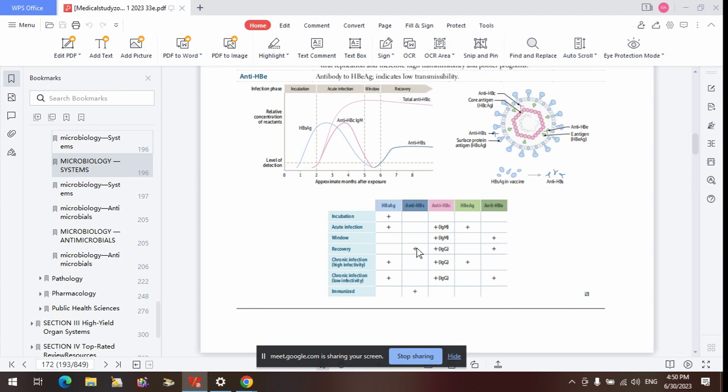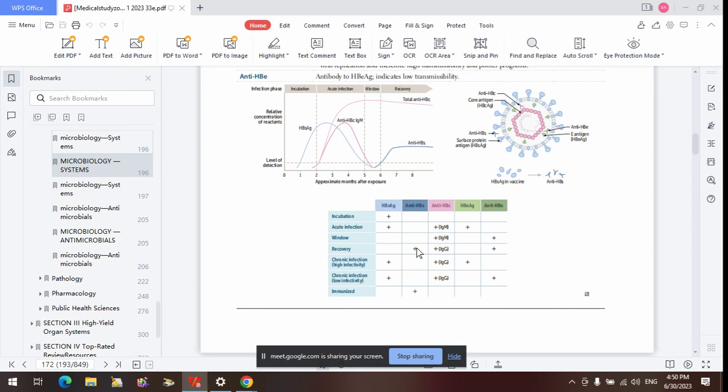But once there's a real infection, forget about it. The IgG to the core will be there, particularly when it is chronic or following recovery. It will always be there. So when you are doing your seroconversion, you are always going to produce antibody against the core.